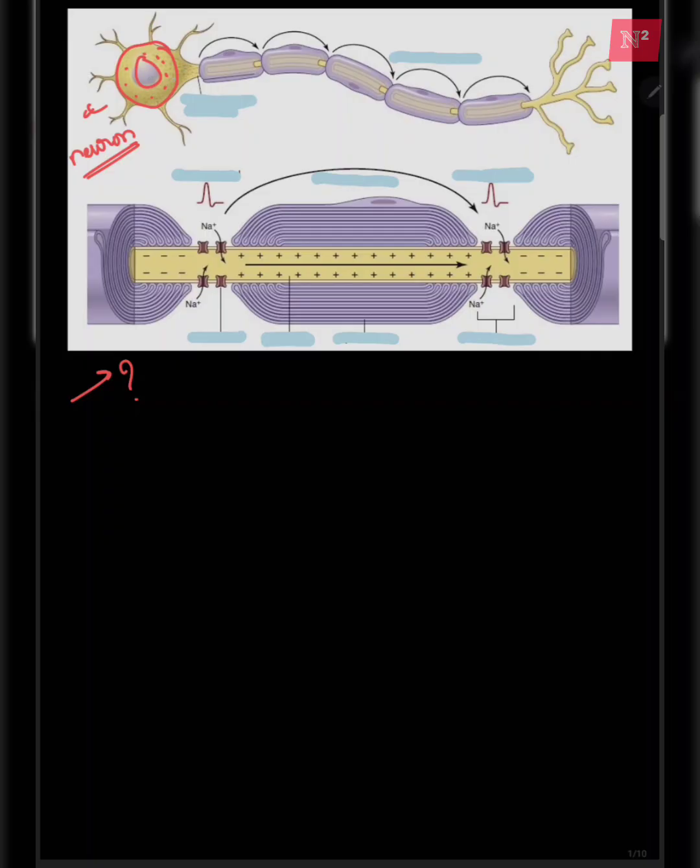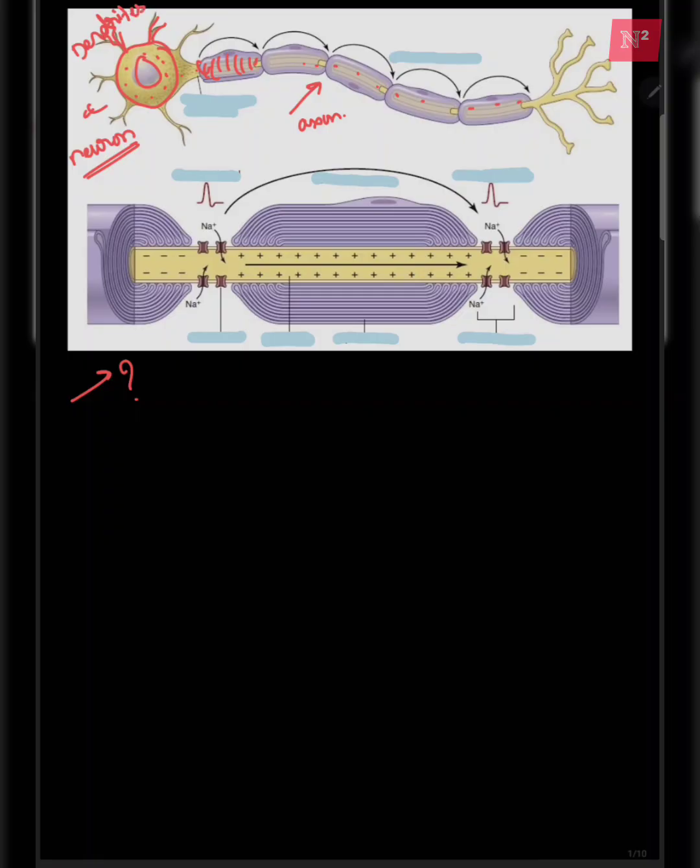The cytosol is connected to a filamentous strand on which some structures are present layering over the filament. Okay, so this is called as axon. Okay, and the filaments which are emerging from the cell body are called as dendrites.